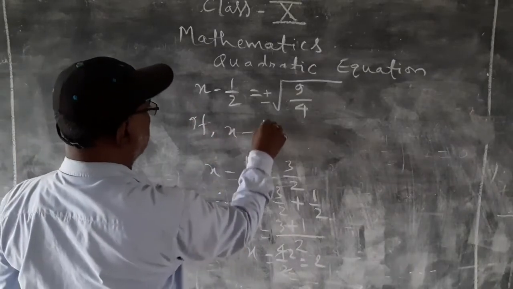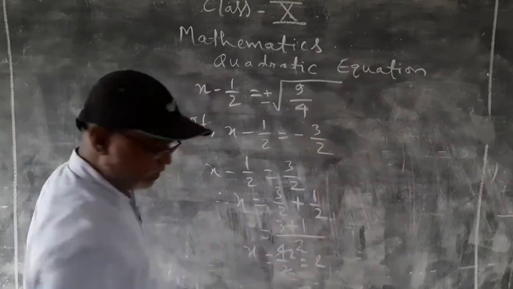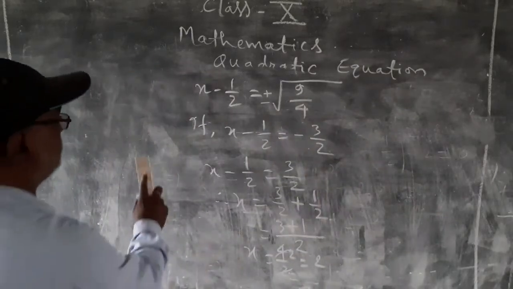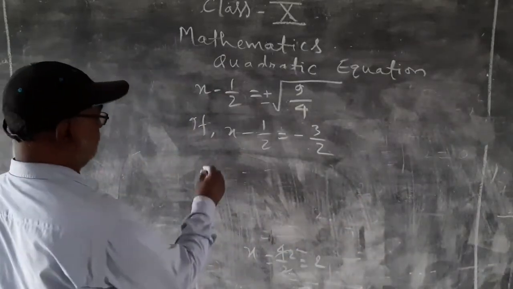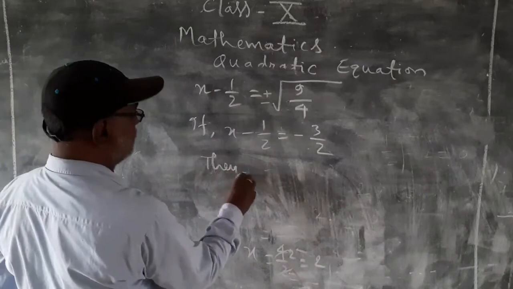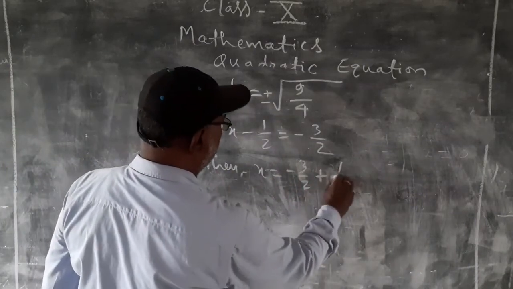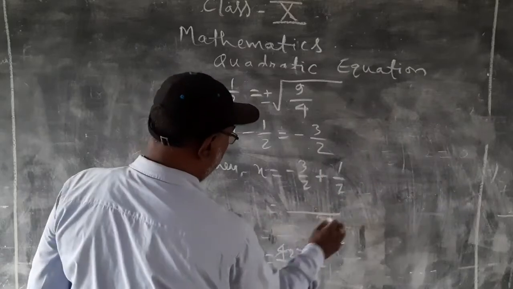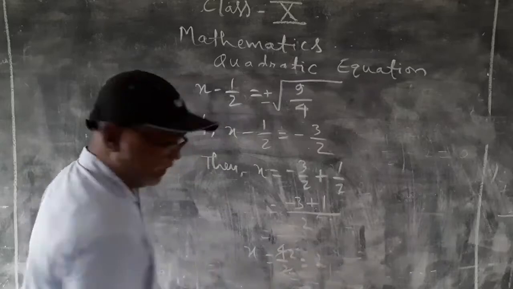x minus half is equal to minus 3 by 2. Then x equal to minus 3 by 2 plus half. Now take LCM 2: minus 3 plus 1 is minus 2 by 2.